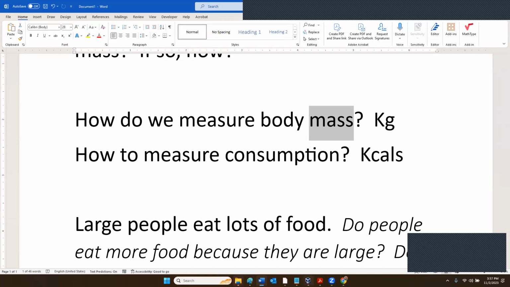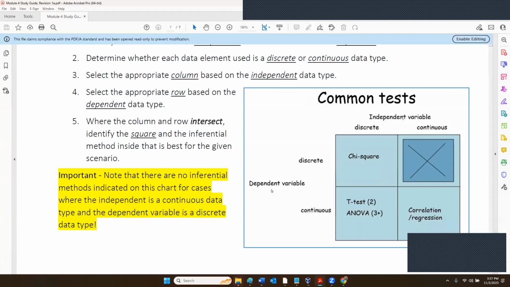Let's go back to this. Let's pretend that I'm changing the food input. Let's use the common sense approach to this, okay? We'll change gears here. I'm going to intentionally vary the food input in calories. Now, is that the dependent variable or the independent variable?